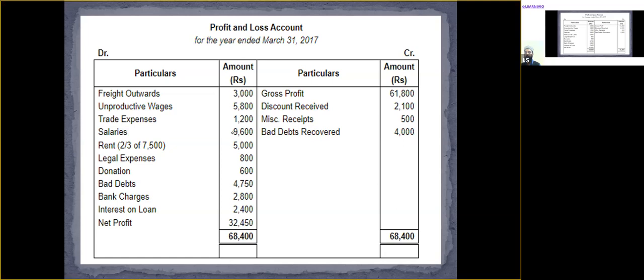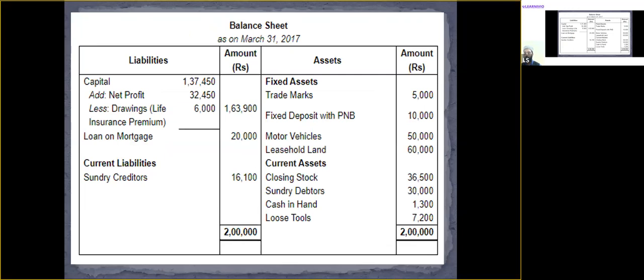Okay, just make sure the liability side should also have this same balance. Let me show you how it will be done. First of all, we will carry forward the net profit to the balance sheet. Net profit is 32,450, so we will be adding it to the capital. And then we will be reducing the drawings by the life insurance premium.